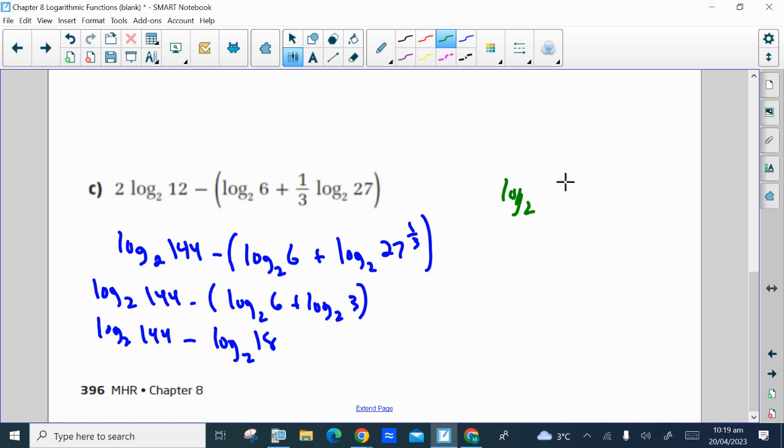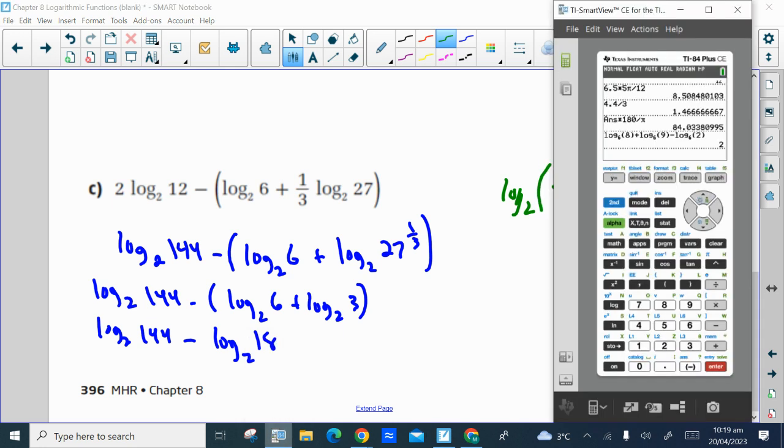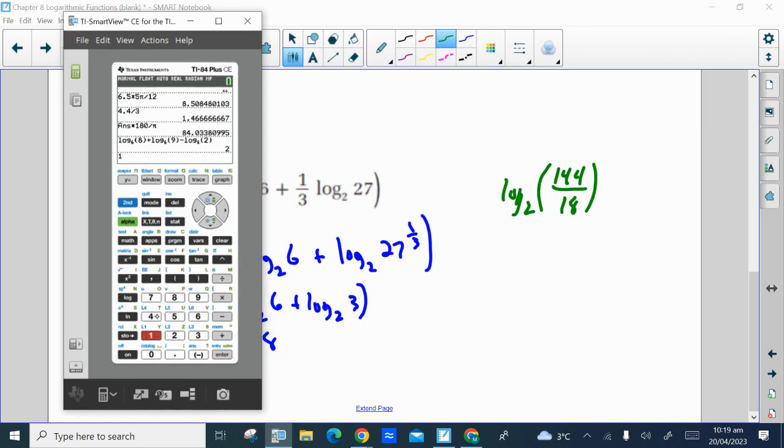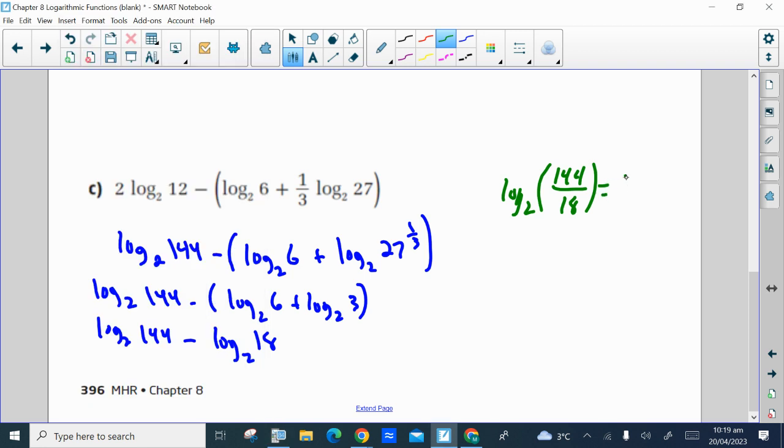Because we're subtracting logs with the same base, we can use the quotient law. So it'll be log base 2 of 144 over 18. And 144 divided by 18 gives us 8. So log base 2 of 8 will be 3, because that's asking 2 to what power is 8.